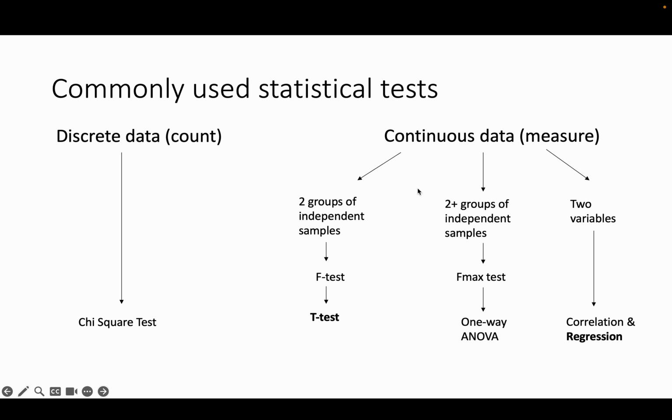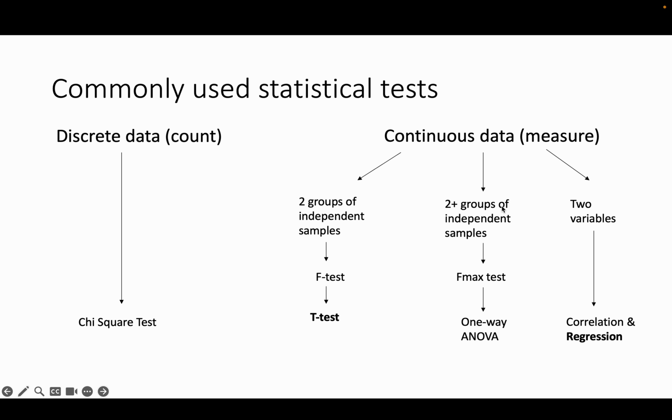If you have continuous data where you're measuring something, you would perform one of these tests. Now, let's say you're just looking at two groups of independent samples. Let's say you're looking at light intensity in the sun versus light intensity in the shade and whether there's a difference between the two of them. Then you would perform the t-test. Now, let's say you have two or more groups of independent samples.